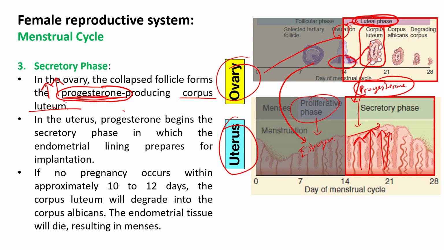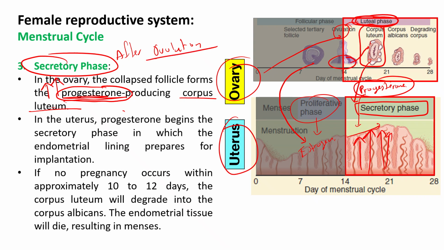This in the uterus is called the secretory phase. So the secretory phase is immediately after ovulation. The corpus luteum is the one that produces progesterone. Now here's the key part. Day 14, on average, is the day of ovulation, from 0 to 14.